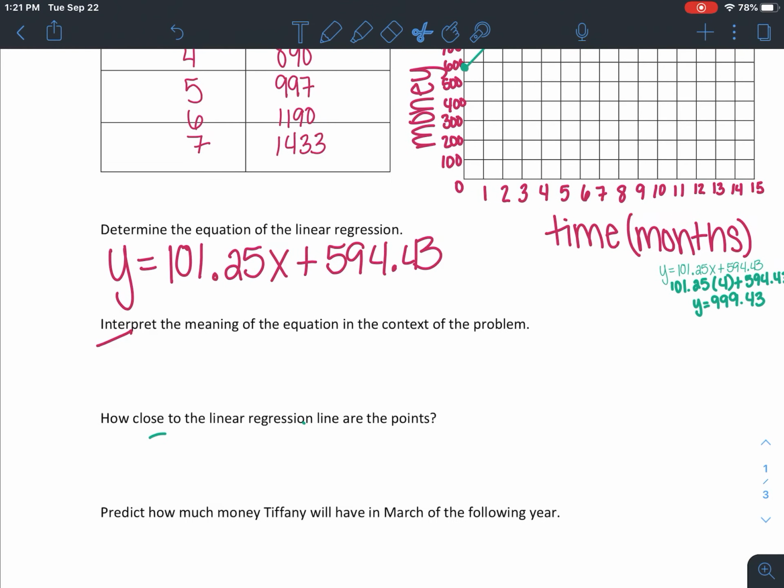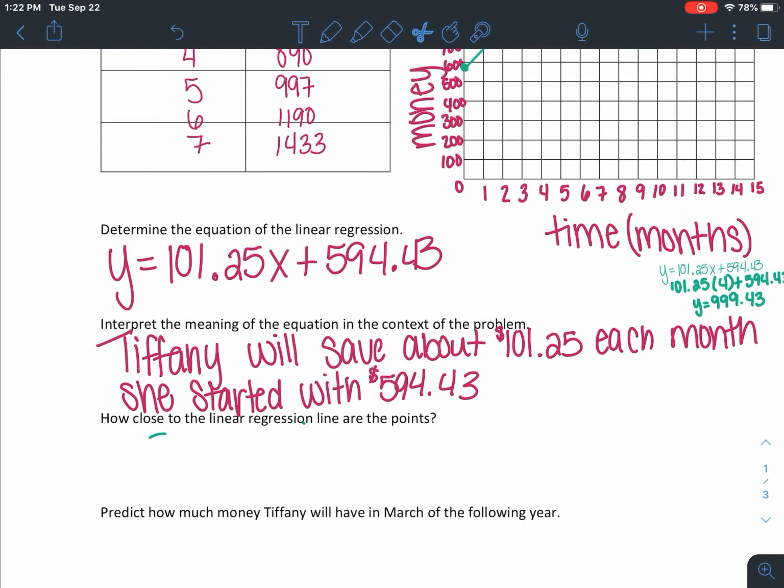Whew. Okay, next one. Interpret the meaning of the equation in the context of the problem. Okay, so we need to interpret our slope and our y-intercept. Well, this slope is how much money she will have saved each month.